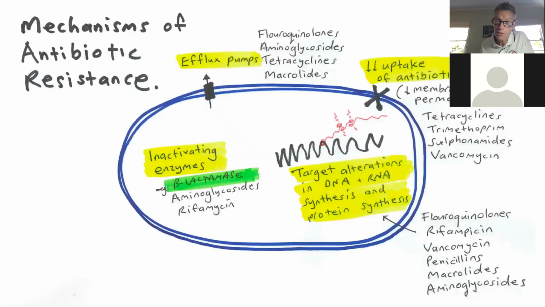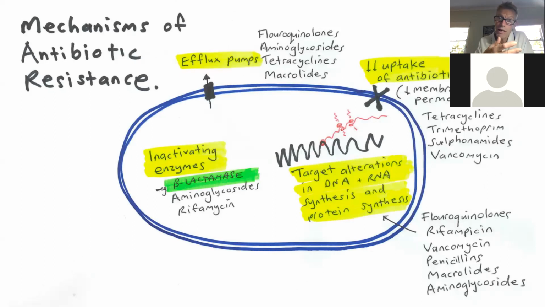The mechanism of antibiotic resistance, I won't go through this in too much detail, but remember how antibiotics work. They can disrupt the cell wall or the cell membrane. They can disrupt protein synthesis, or they can disrupt metabolites that are required for proteins to be made.